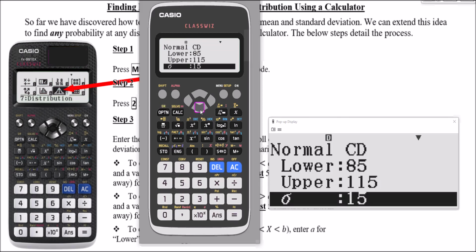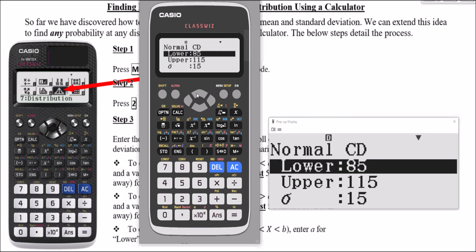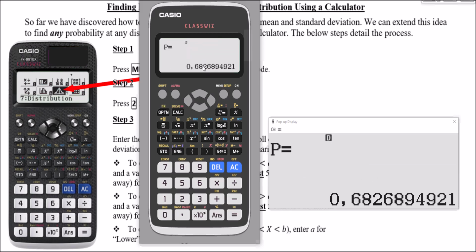Now remember, the mean is 100, so I'm trying to find the probability that it's plus or minus 1 standard deviation away from the mean. 100 minus 15 for this one, and 100 plus 15 for the upper. And as you know from the standard deviation and the properties of the normal distribution, all the data which is within 1 standard deviation away from the mean should be 68% of the data. So when I press equals now, I'll get a figure of about 0.68, which of course I do.